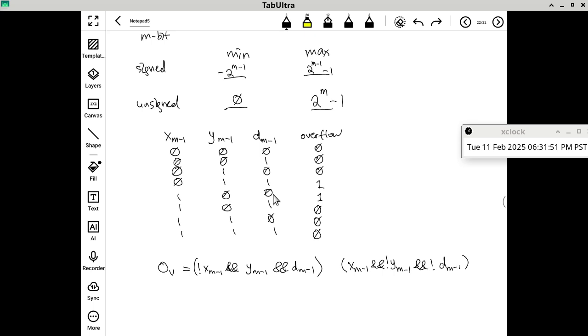No other row would give us a 1 except for the fifth row in the truth table. Are we good? Okay. So now if I put an or here, don't you think this captures the overflow? All right. And that's exactly how overflow is defined.